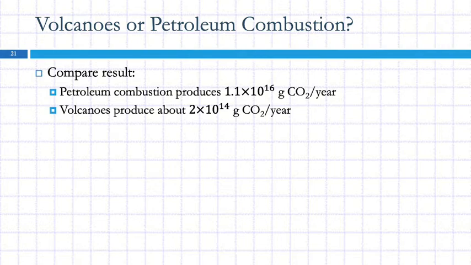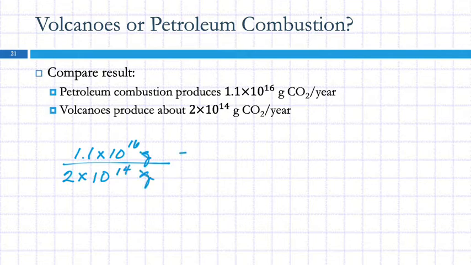So let's find what times. How do you say that? By what factor is petroleum combustion bigger? We're going to divide the big one by the small one. 1.1 times 10 to the 16th grams divided by 2 times 10 to the 14 grams.